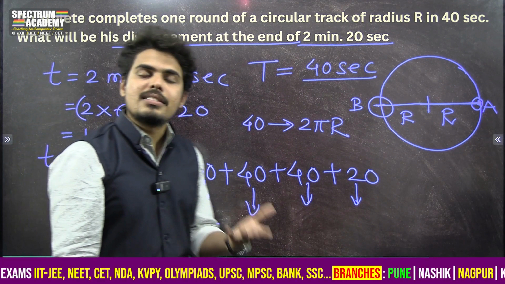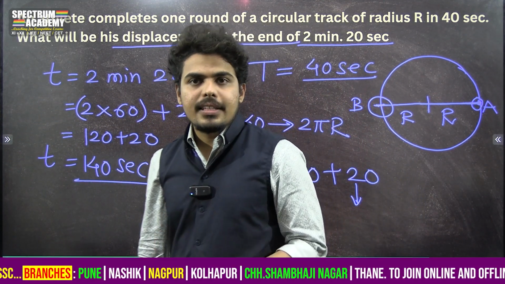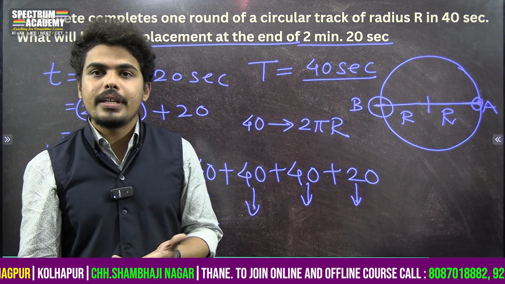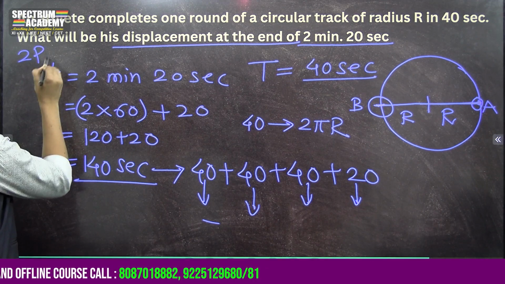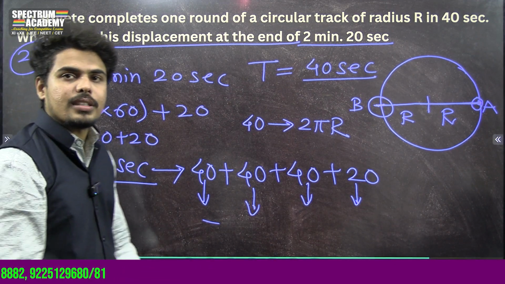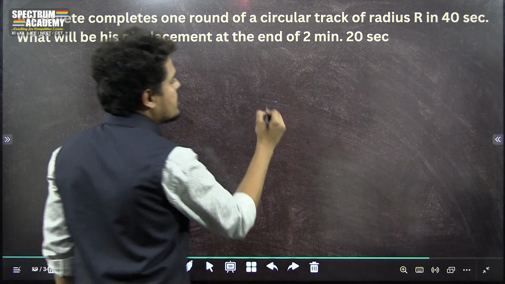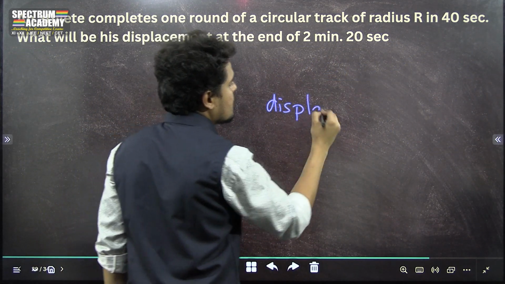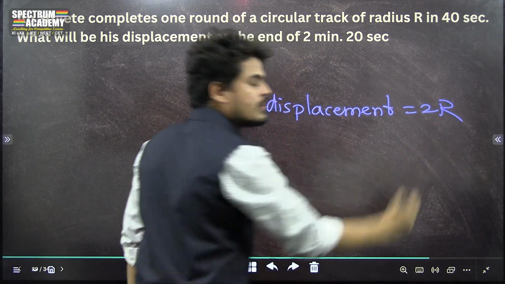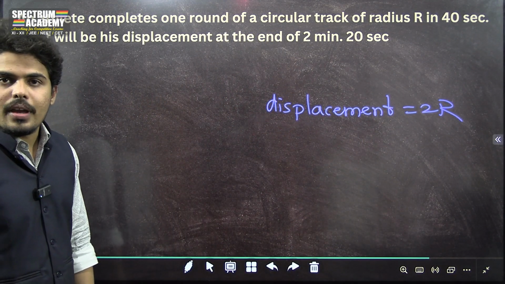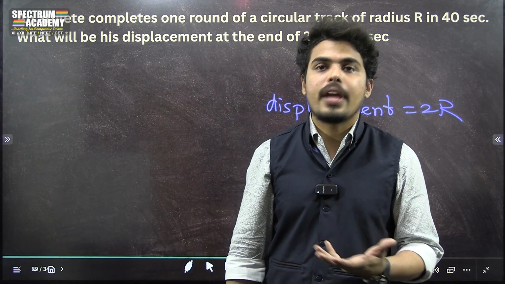So the final answer of this question, the displacement of the athlete in 2 minutes 20 seconds, is nothing but 2r. If along with displacement, distance is also asked in this question, then what will happen?